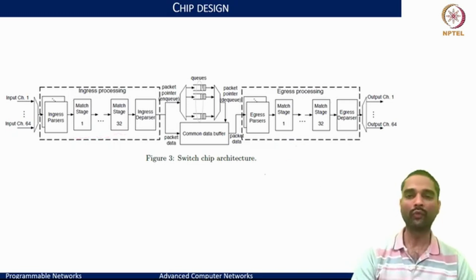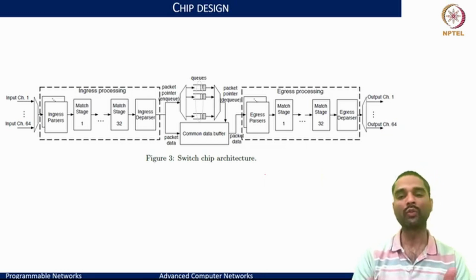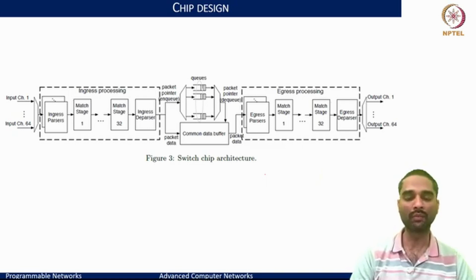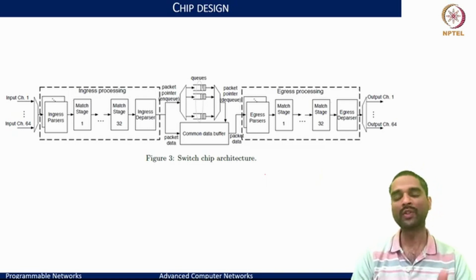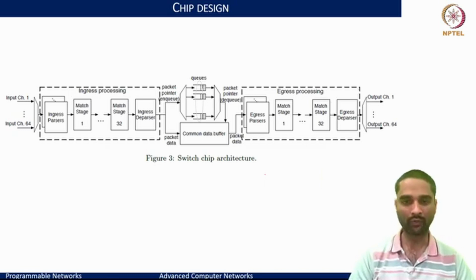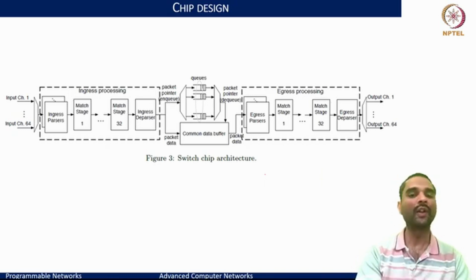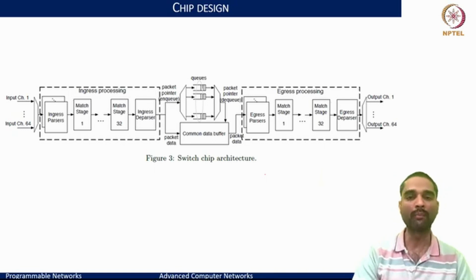And we may wonder why we need separate ingress processing and egress processing with 32 different match stages in each case. Consider the simple aspects like when we want to do a multicast, you would have the same kind of a packet that needs to be sent out on different ports. And here if we want to customize, like for the congestion bit or any of the MAC destination addresses, we definitely cannot do it on an ingress because it's the same packet now that is going to be sent out on multiple ports.